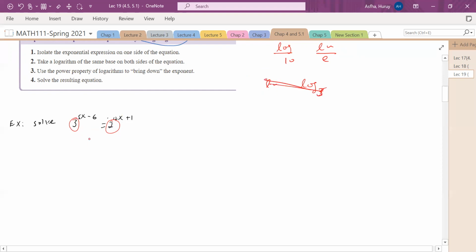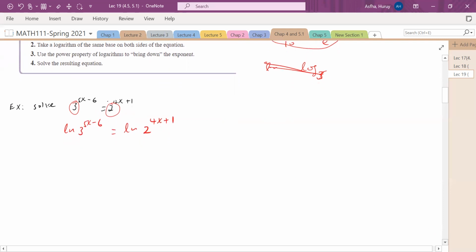But usually, if you want to use a calculator, the common bases are much easier than the others. So here we have ln of 3 to the power of 5x minus 6 equals ln of 2 to the power of 4x plus 1.